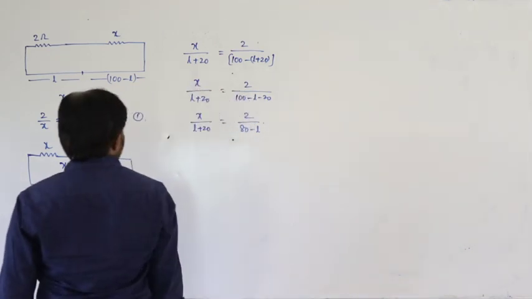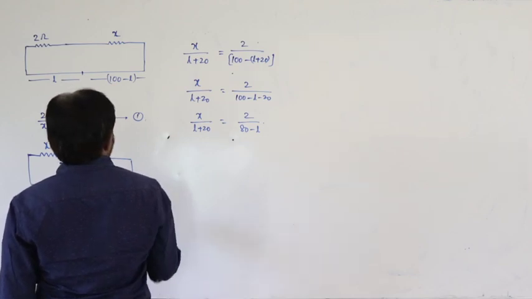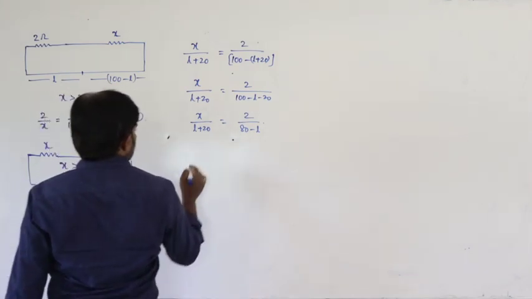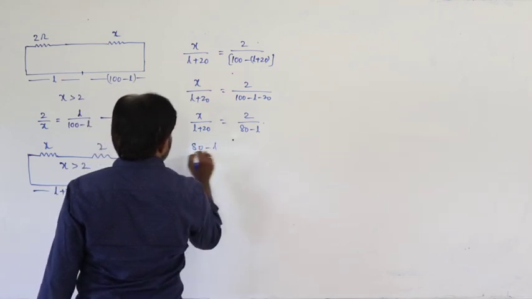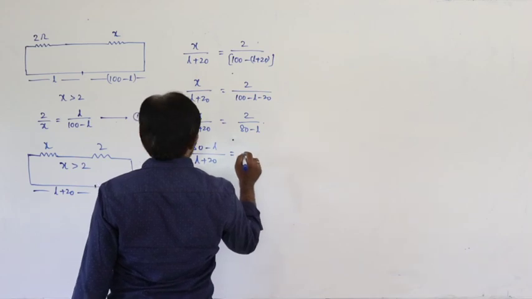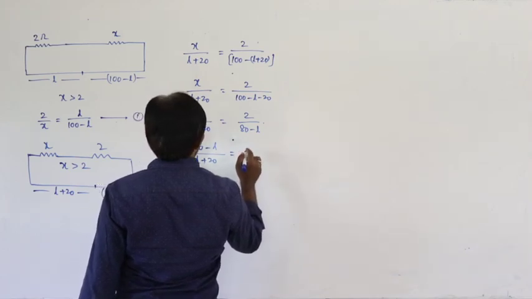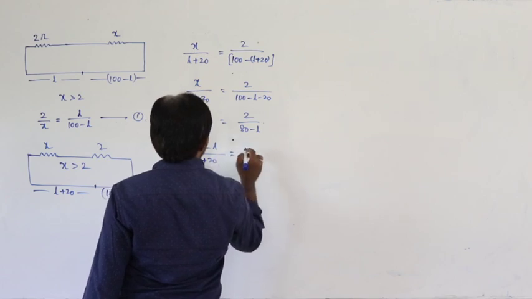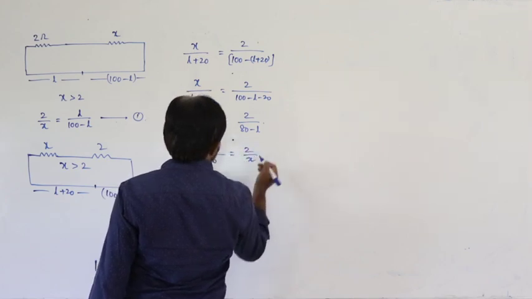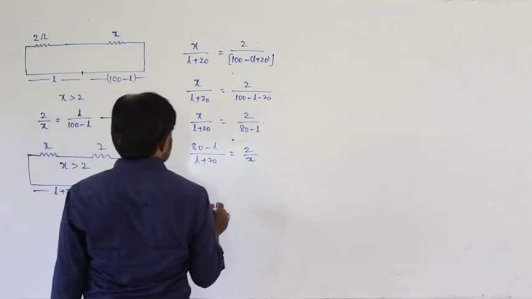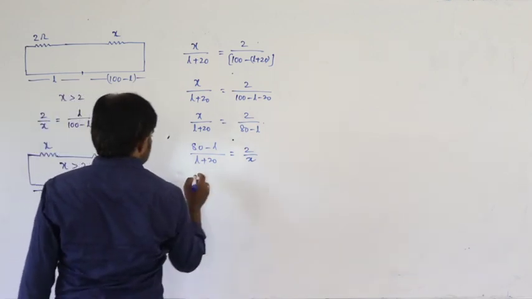So from this, 80 minus L by L plus 20 is equal to 2 by x. So this is 2 by x.